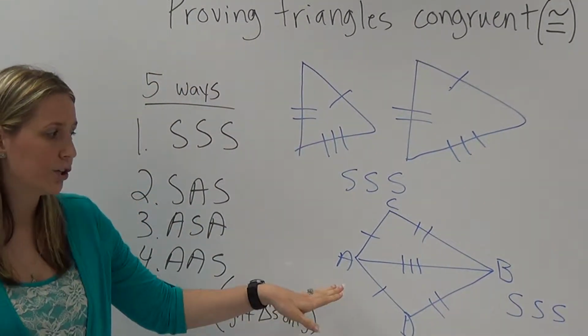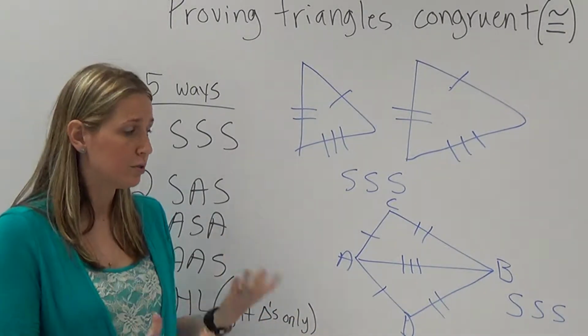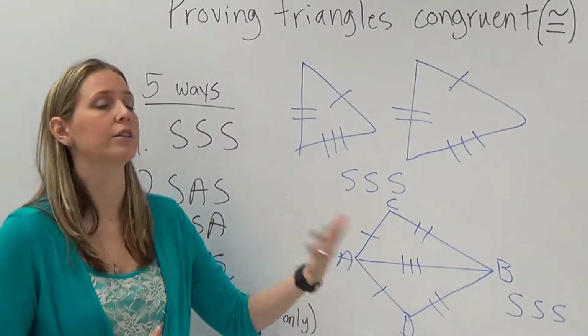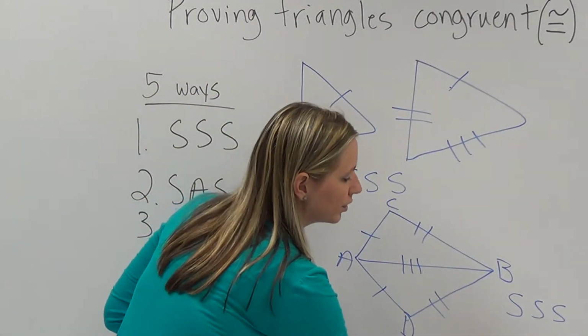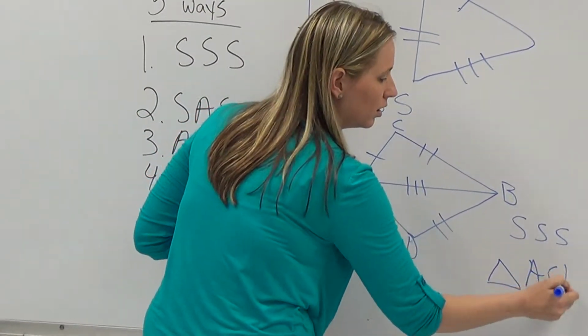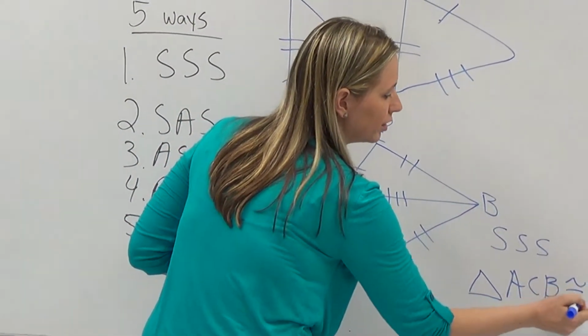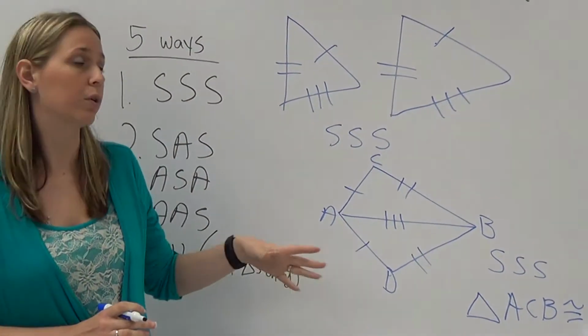So the triangles are congruent, and we write a congruent statement. What your congruent statement is, you say triangle dot dot dot is congruent to triangle dot dot dot, and you use proper letters. So we're going to say triangle ACB is congruent to triangle. Now the order of the second letters matters according to how you did the first one.